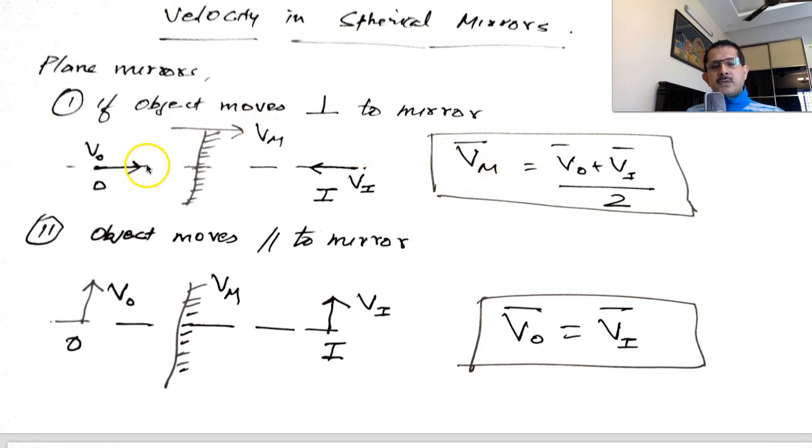In the first case, which we already discussed, we are talking about the velocity of mirror, object and image. Remember, it is not speed. When we talk about velocities, we have to consider the direction as well. So this relation is the vector relation we have. Just keep it in your mind because we would be using it very frequently going forward. Let me move ahead.